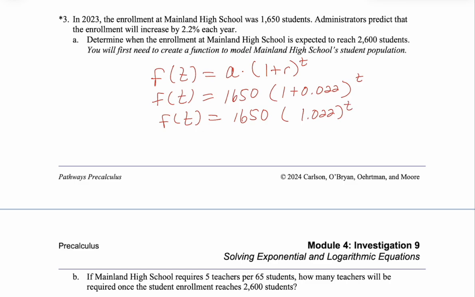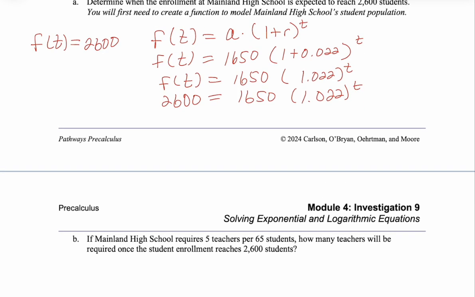Now we want to know, when will the enrollment reach 2600? So when will our function reach 2600? So 2600 would equal the function in question. So that's where we're starting here. The problem is that 1650 cannot be there for us to use any of our techniques we've learned so far. So you first have to divide everything by 1650.